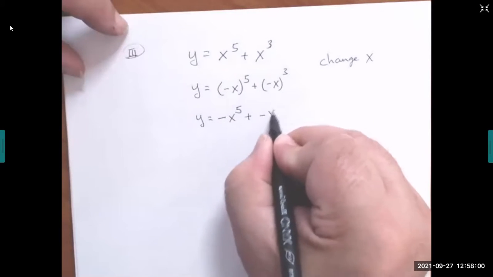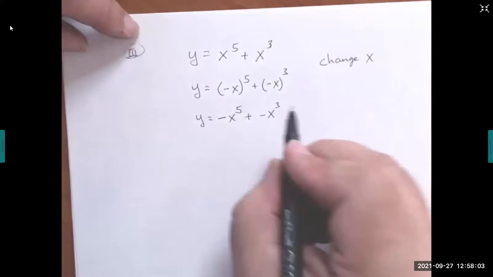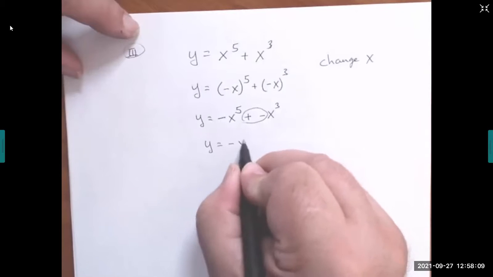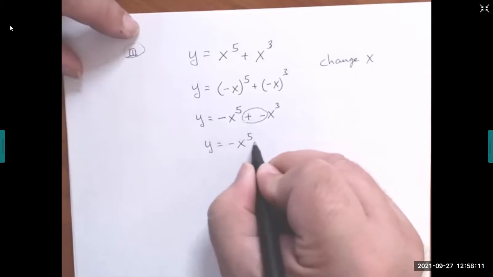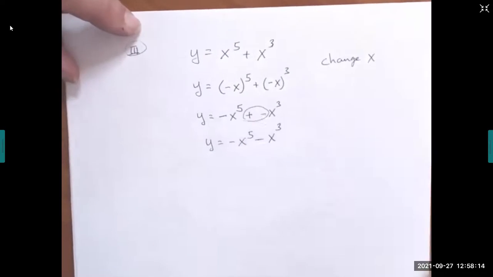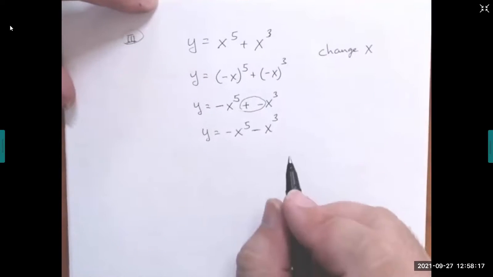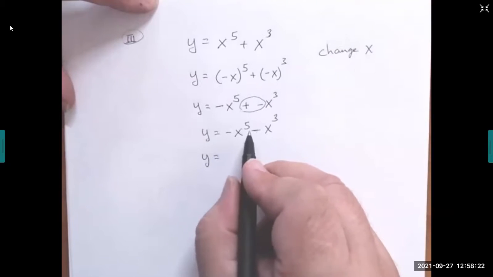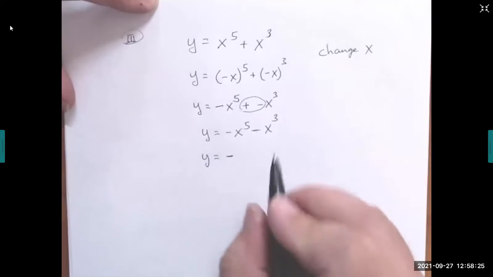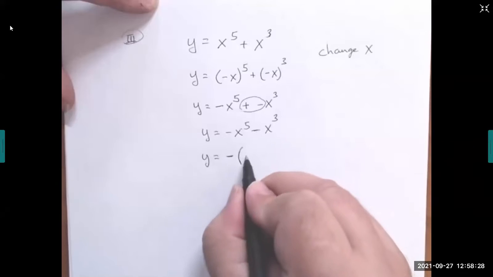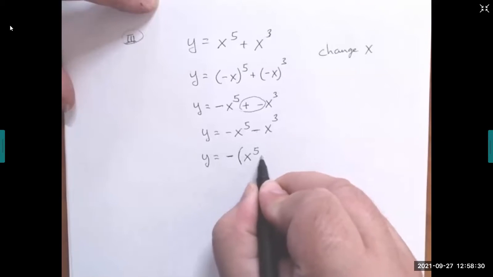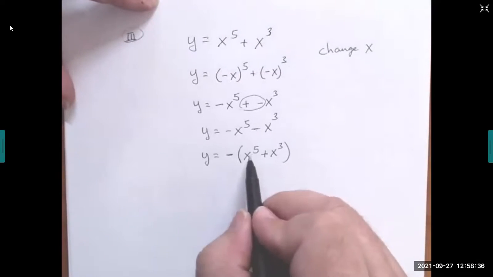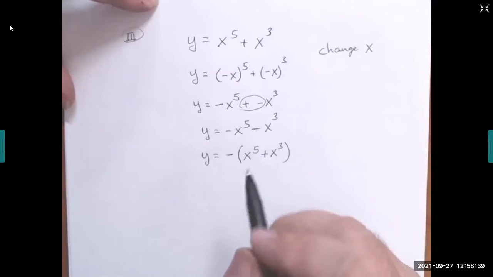So it's a negative x cubed. There's a plus sign and a minus sign. There's x to the fifth. Positive times negative is a negative. x to the third. Since both of these are negatives, we can factor out a negative sign. That means that whatever is left in, change the signs. From a negative 5 becomes a positive, from a negative becomes a positive.